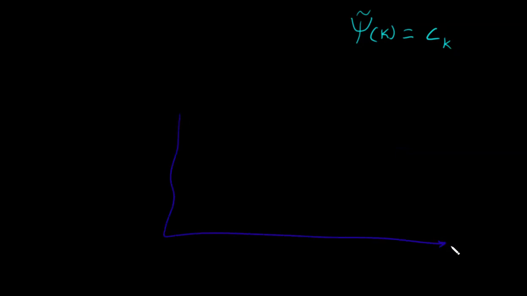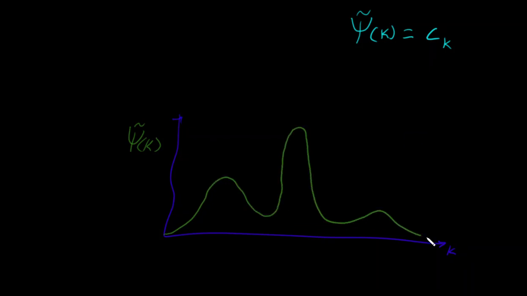this would be the k-axis, and now we're graphing the value of psi tilde of k. If you were to graph this, and it looked something like this, what this would tell you is, for example, that we have a very high probability of having this momentum, or this wave number, which corresponds to a certain momentum, h bar times that.